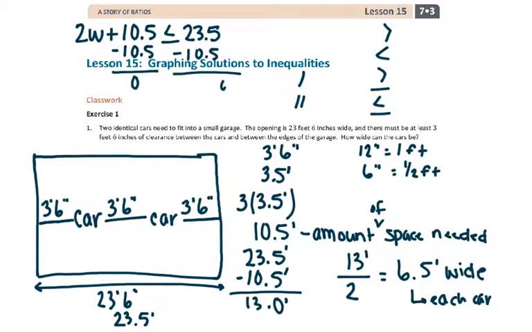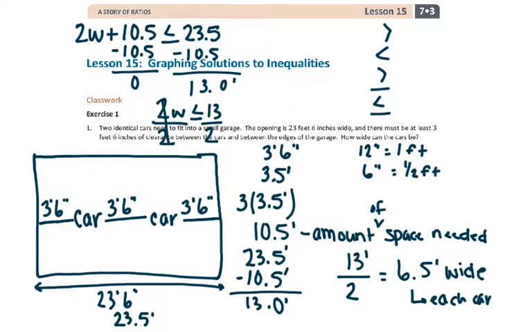And I end up with, again, 13 feet of space. So I now have an inequality that says 2W is less than or equal to 13 feet. Since the 2 is being multiplied by the W, I am going to divide both sides of my inequality by 2.